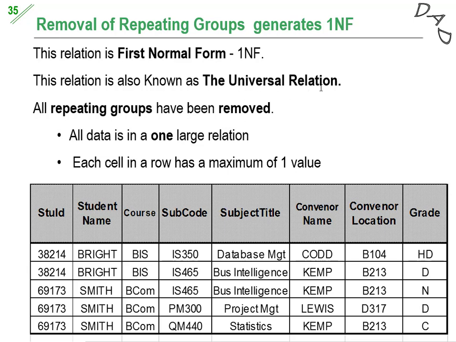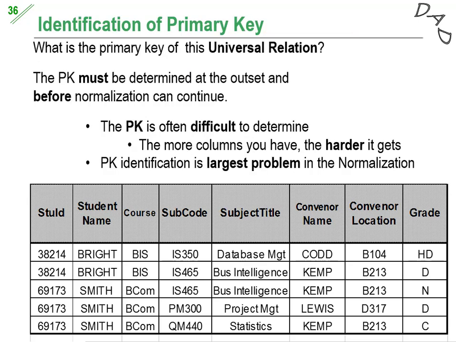This is called the universal relation because it combines a few pieces of information, right? So in that universal relation or universal table, we have a universal key. So what is the universal key or the primary key of this particular entity?